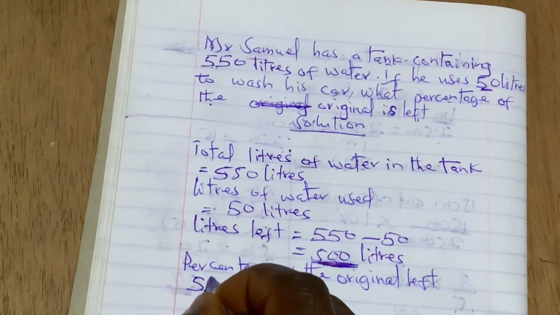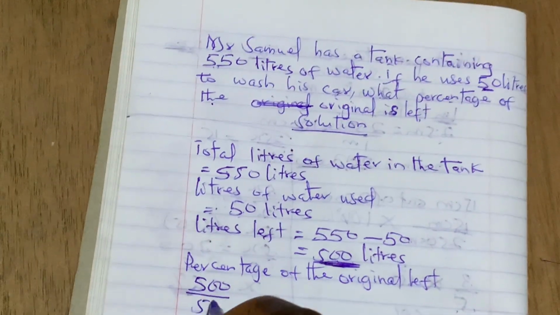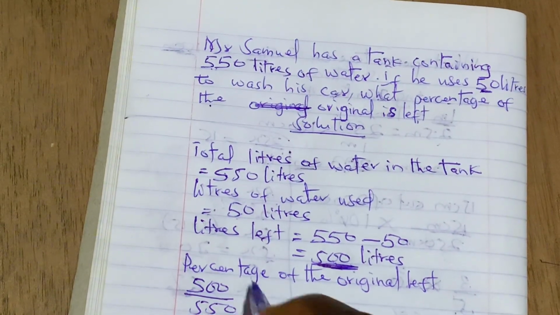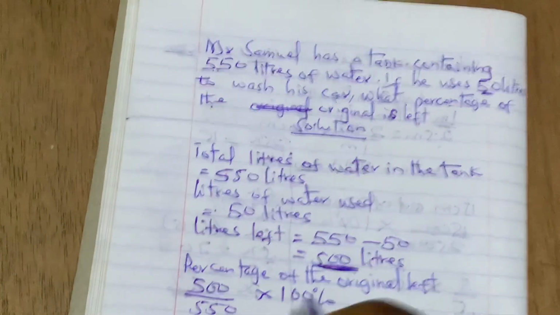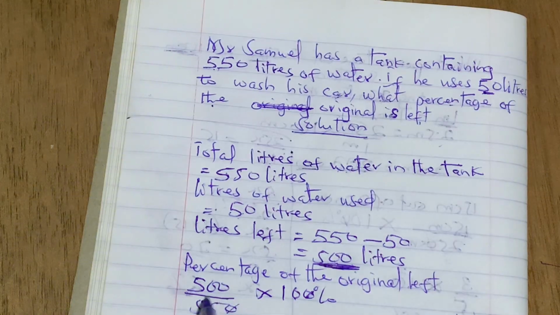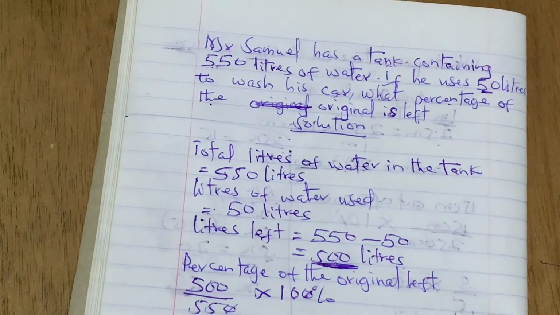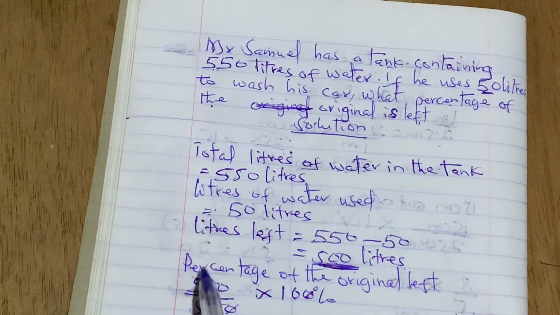So 500 liters out of 550 liters, they are all in liters, so the liters cancel liters, expressing that in percentage. So this zero cancels this zero, left with 10. 5 goes here, 11. 5 goes here, 100.